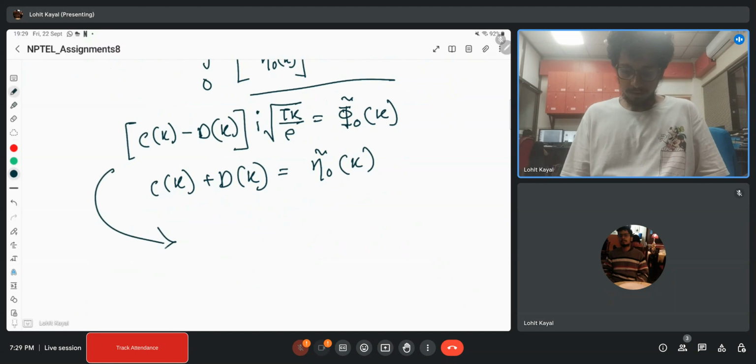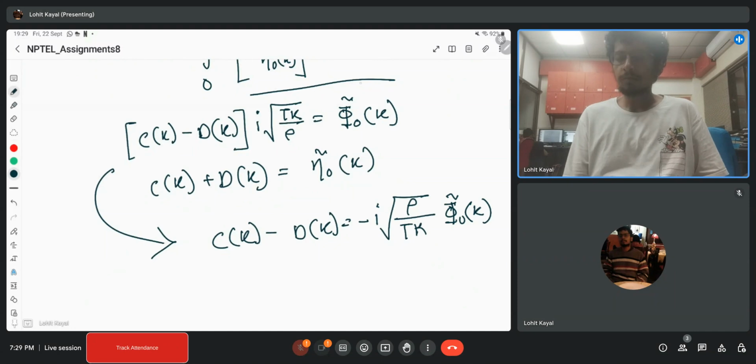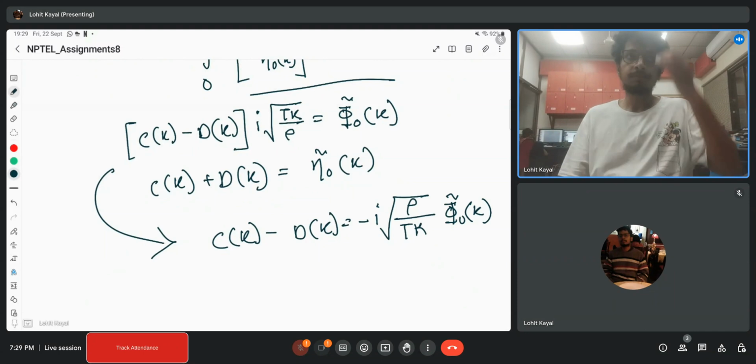Now from this equation, if you take it to that side it will be minus i. Okay, because minus i squared is plus 1.